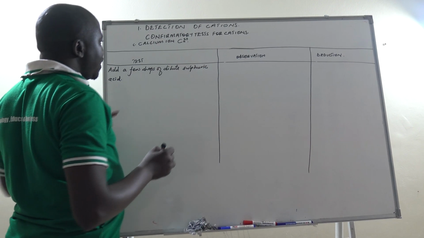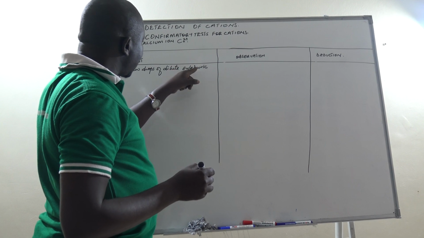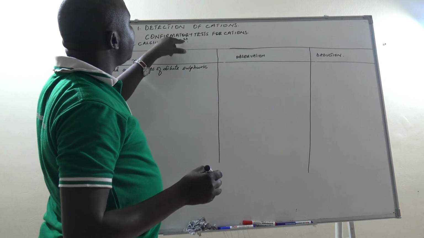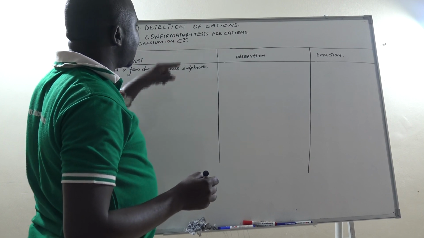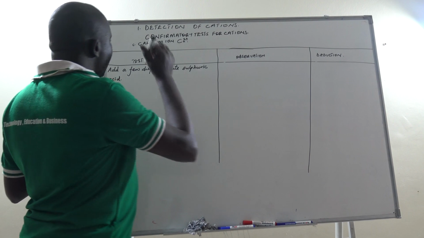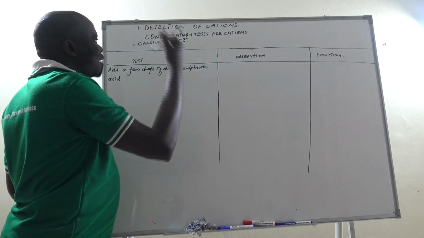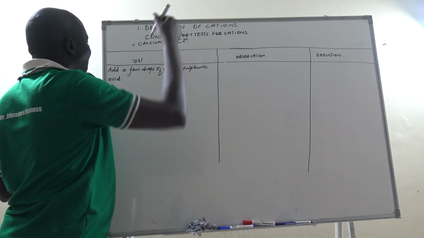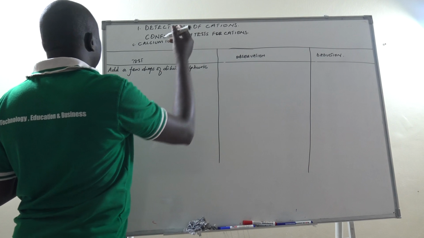You see, here the sulfuric acid will provide the sulfate ion, and that sulfate ion will combine with the calcium ion to form insoluble calcium sulfate, which will be formed as a white precipitate. So we need mainly a solution that will provide us with the sulfate ion that should combine with the calcium ion to form a white precipitate of calcium sulfate.